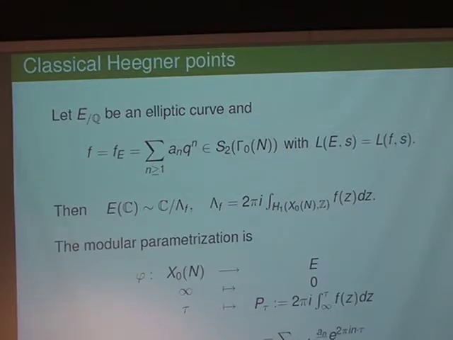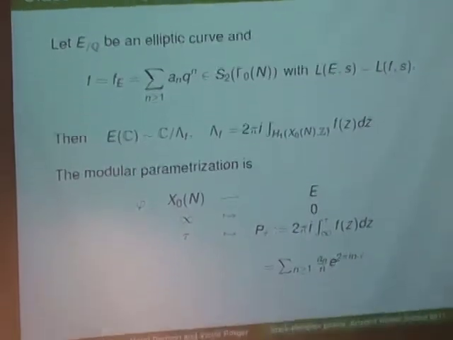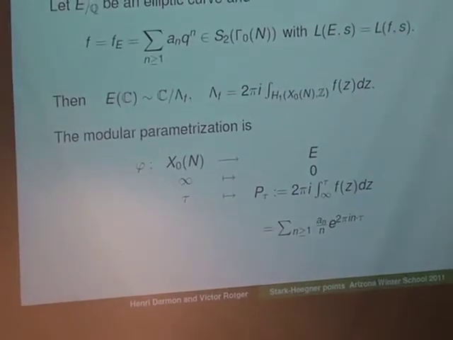When people say that E is modular, you can say, as I said before, that these two L-series are the same. But there is another way of phrasing this, which is equivalent. Let's call it the geometric version of modularity, which is that there is what people call a modular parametrization, which is a map of algebraic curves.